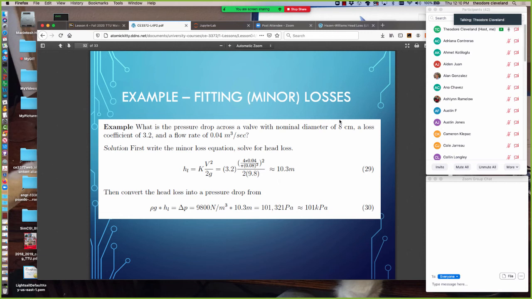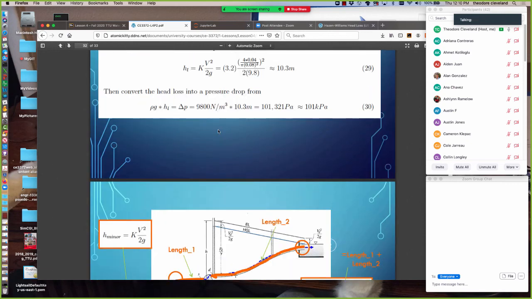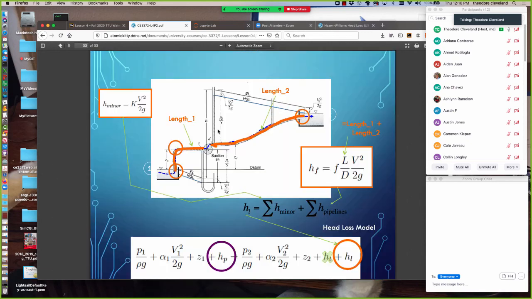So an 8 centimeter, a little under 4 inch, somewhere between 3 and 4 inch diameter, carrying 0.04 cubic meters per second, produces almost 1 atmosphere of pressure loss. So that's an example of a minor loss coefficient.